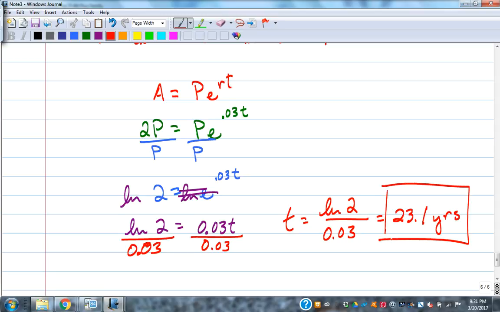To double an investment. So if you put $100 in there, in 23 years you'd have $200 at 3% interest. That's not very much. If you put $10,000 in there, in 23 years you'd have $20,000 without doing one thing, just leaving it there. What they're assuming here is that you're not putting any other money into the account.